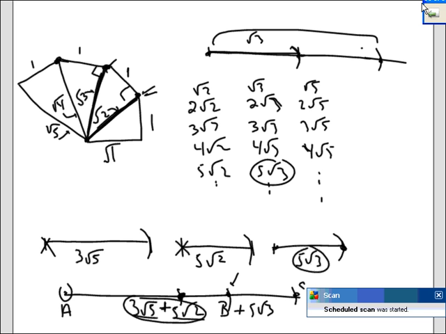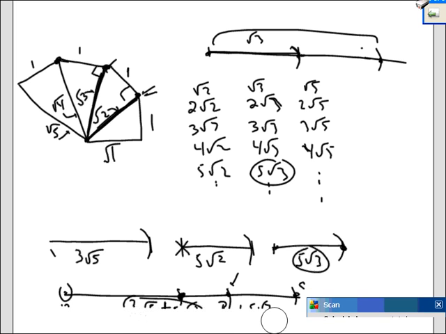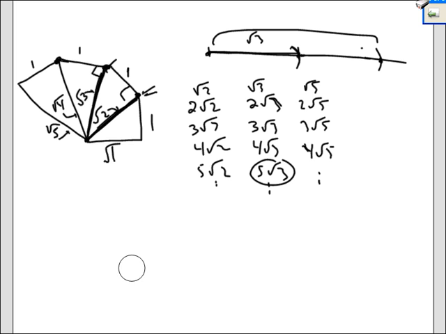Now, I claim that I can do differences. I can draw the difference. I can draw square root of 3 minus square root of 2. Well, I know I can draw square root of 3.